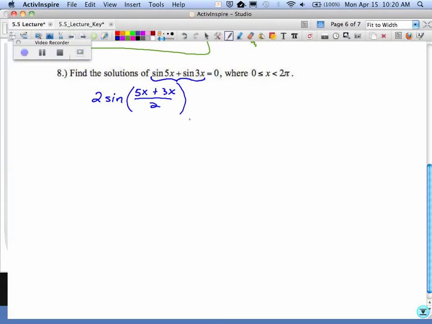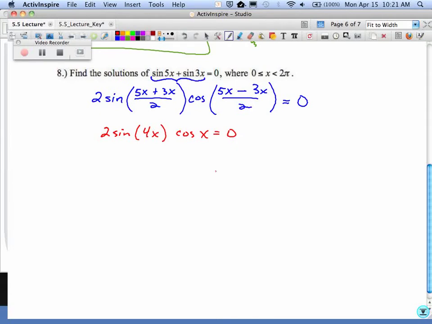Then a cosine, 5x, first part, minus the second part, all over 2, and we're still set equal to 0. Clean up what's in parentheses. What's 8x divided by 2? And 5x minus 3x is 2x divided by 2, which is x.